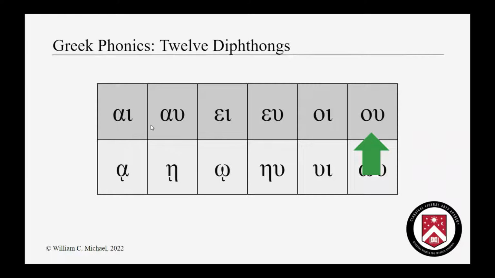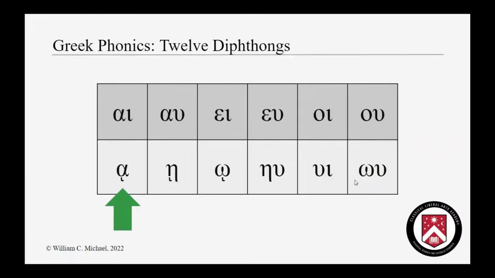Remember, these 6 are the proper diphthongs. And the reason why they're called proper or true diphthongs is because we hear both of the sounds of the 2 vowels together in one syllable.